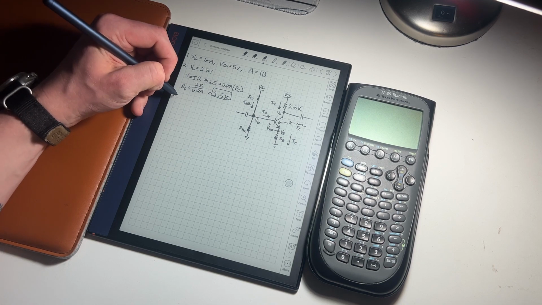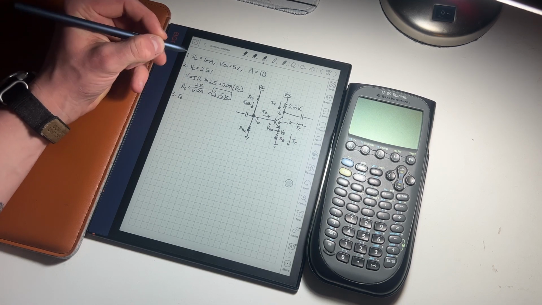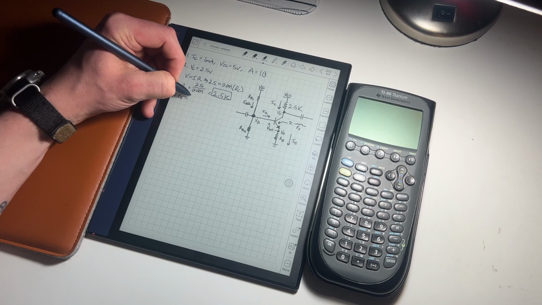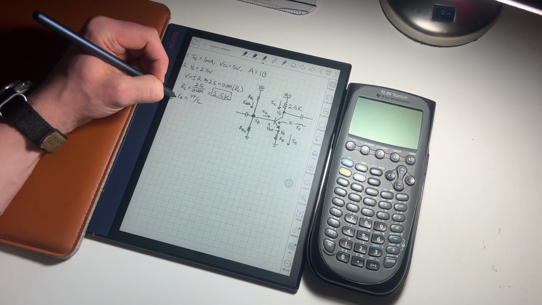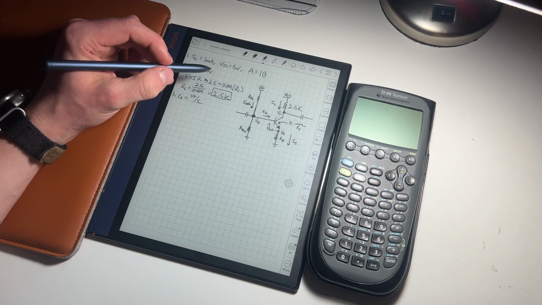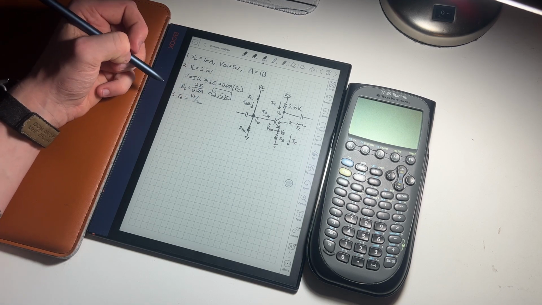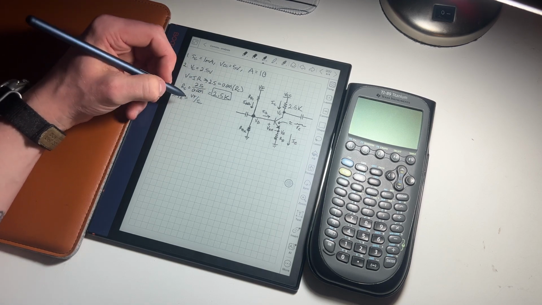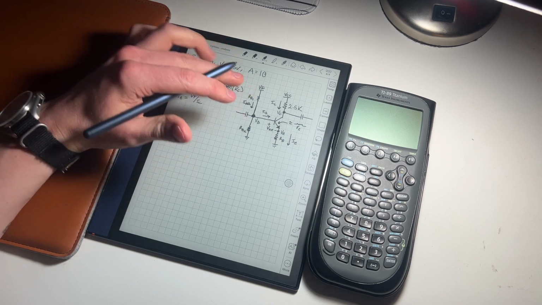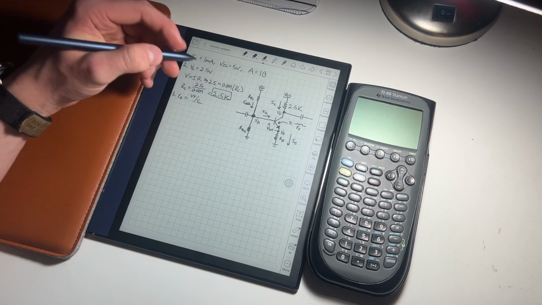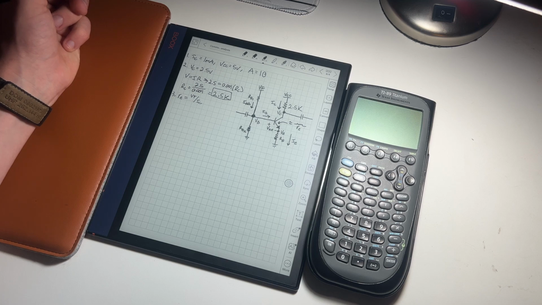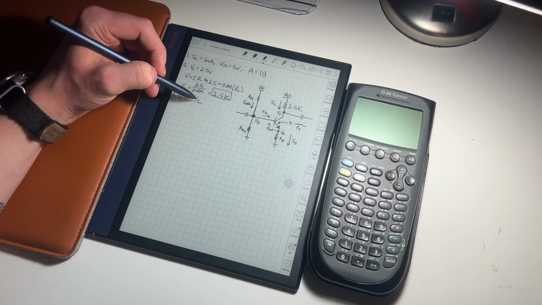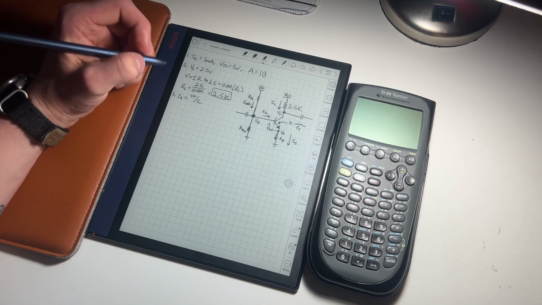Next, we need to find little r sub e with the equation Vt over Ic equals little r sub e. Now if you remember, Vt is the thermal voltage, and at room temperature, which we're going to assume this amp is running at, it is equal to 26 millivolts. Now Ic is 1 milliamp.